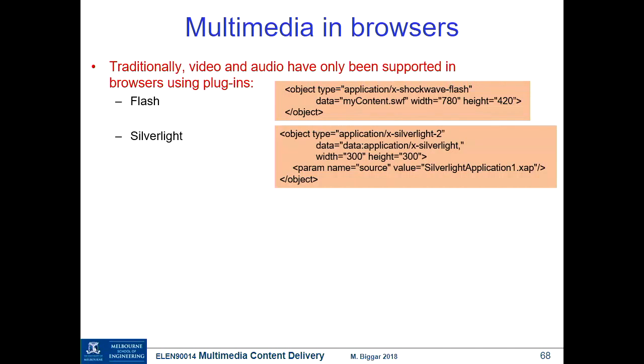And so the Flash or Silverlight only worked as plugins. So it meant that in the HTML code, to include video in an HTML page, there had to be a reference to an external application, Shockwave Flash or Silverlight, with some information that would allow those to run.